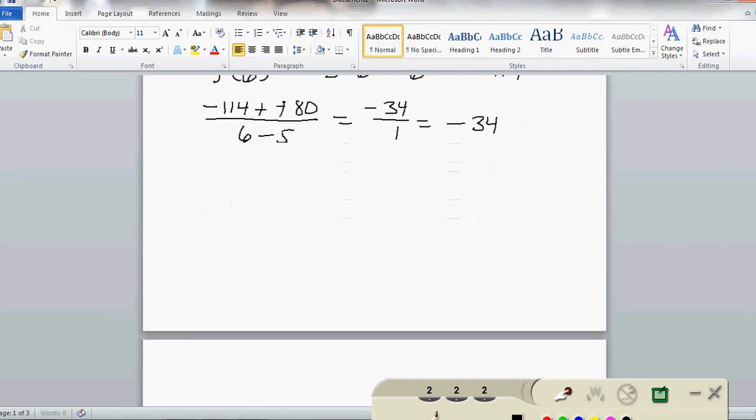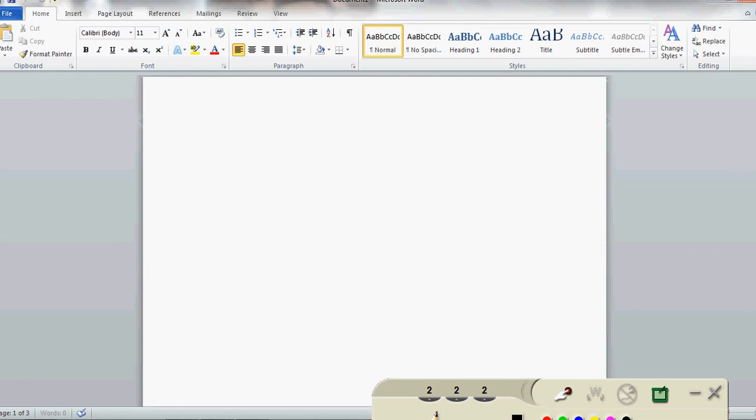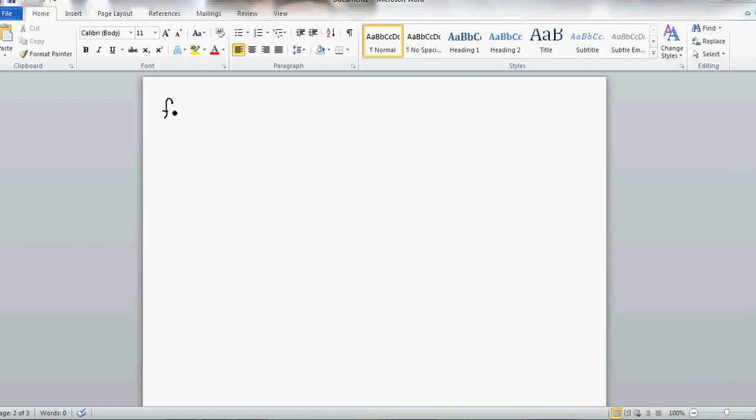Example number 16 is really no different. It just says we want the average rate of change from 1 to x. And they give us a new formula, but it's exactly the same thing. So we have f of x is equal to 5 over x plus 4, and we're going from 1 to x.